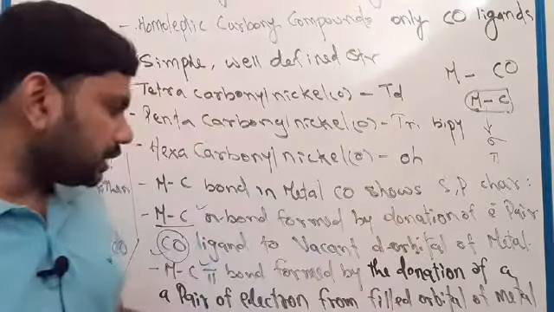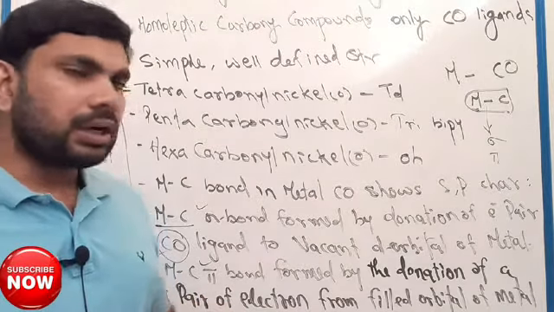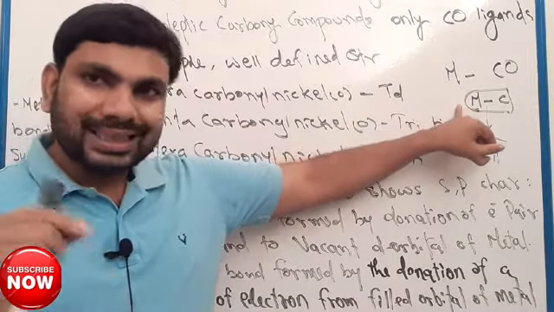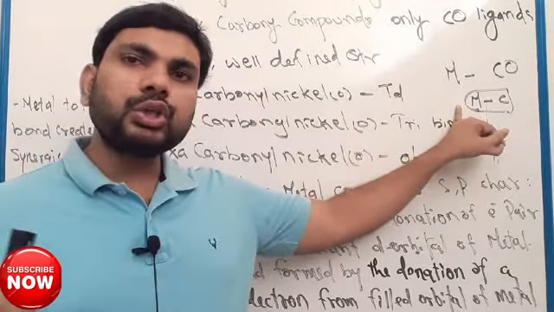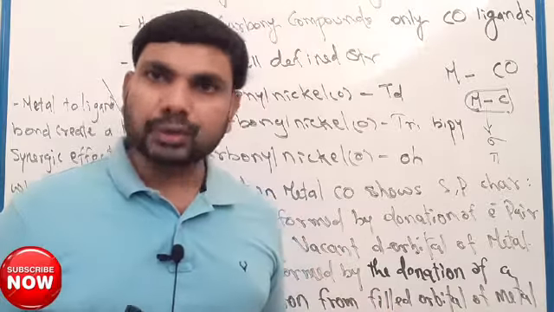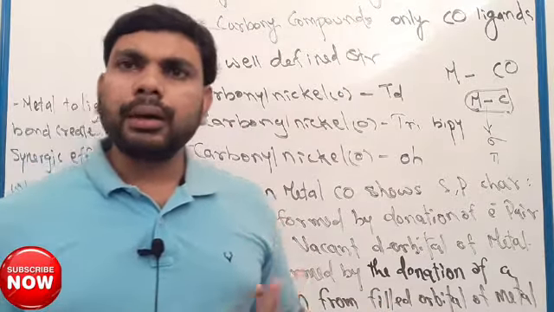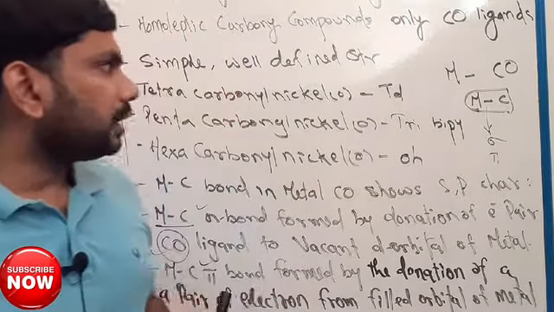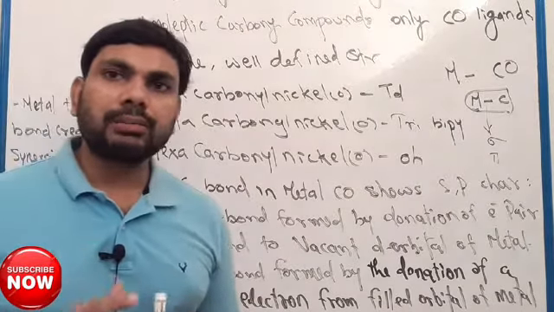The anti-bonding orbital we represent as pi star. This helps to form the pi bond. So these are the things we have to understand about metal carbonyl.